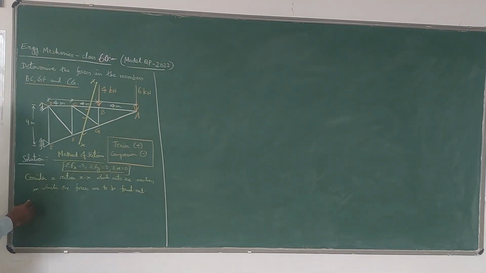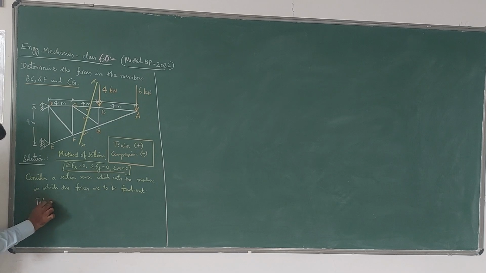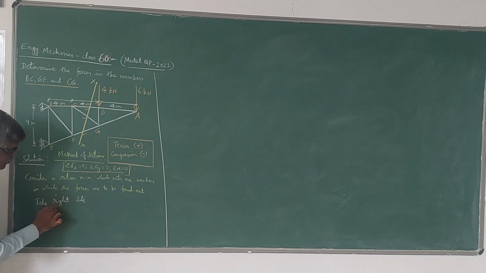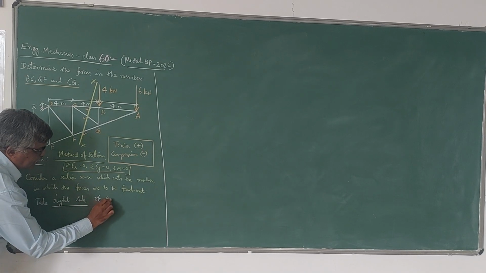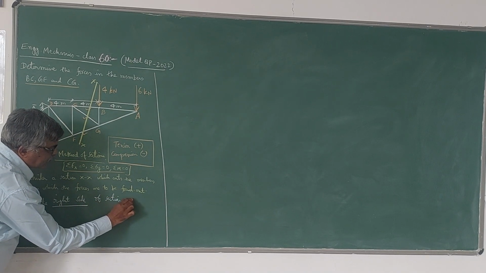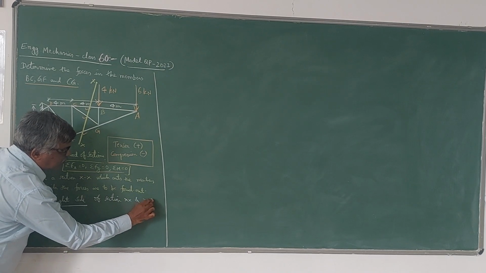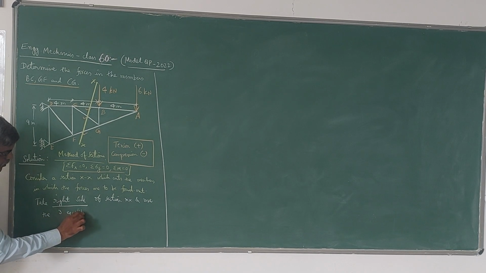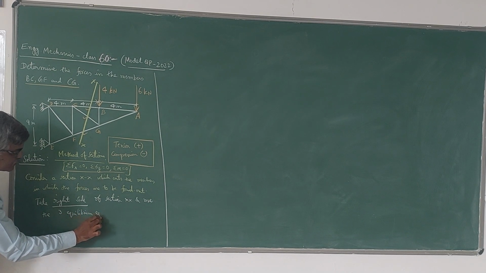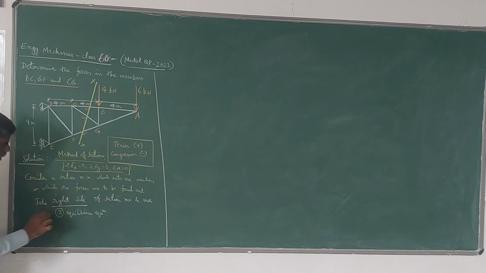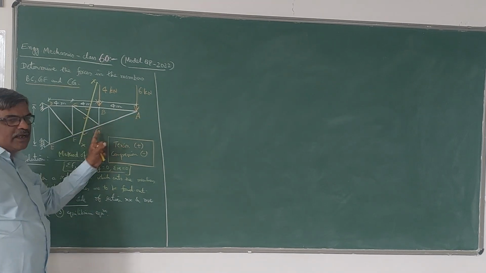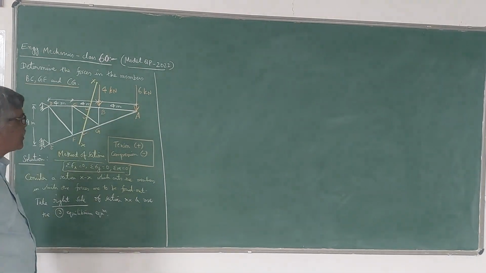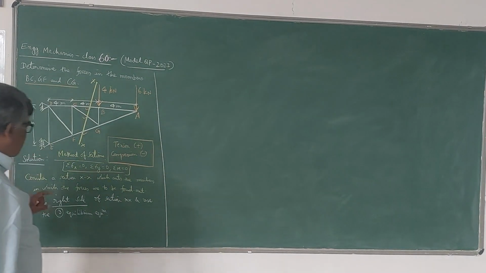I will take the right side of section XX and use the three equilibrium equations. In other words, we are taking the free body diagram of the right side of the section of the truss. So this part of the truss we have to consider now, and apply the equations of equilibrium.